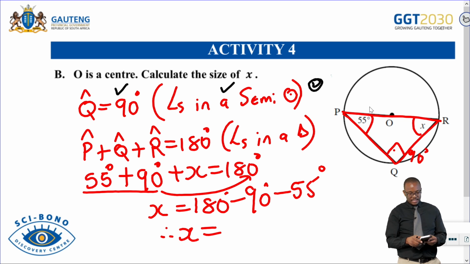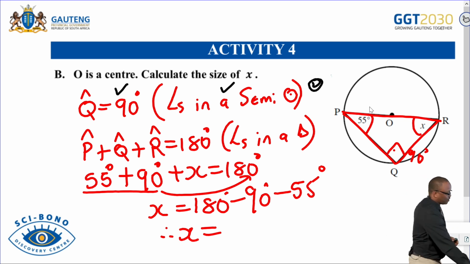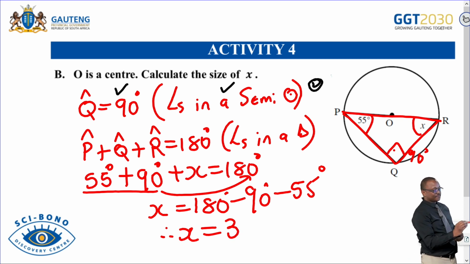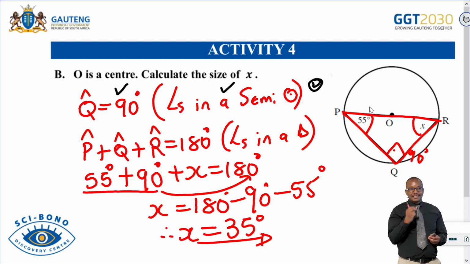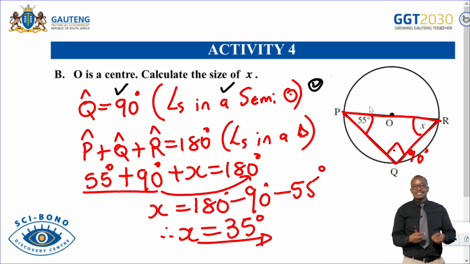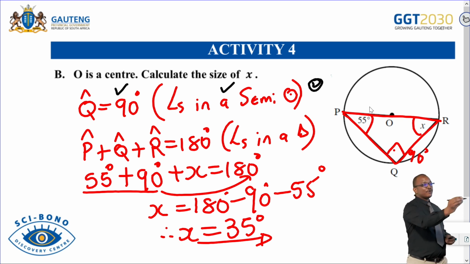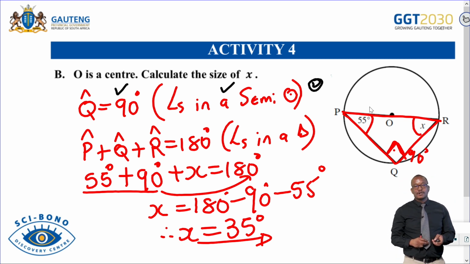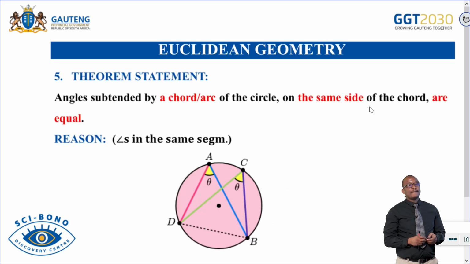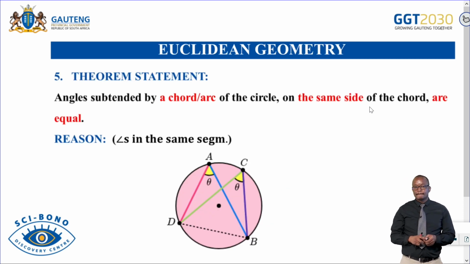If you say 180 minus 90 and minus 55, we are going to get 35. Correct? So now you see that for you to calculate x, there was a certain theorem or a certain step that you needed to perform, which is to get that 90 degrees there.